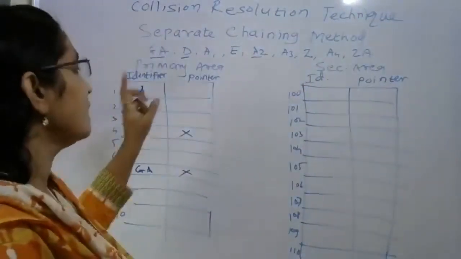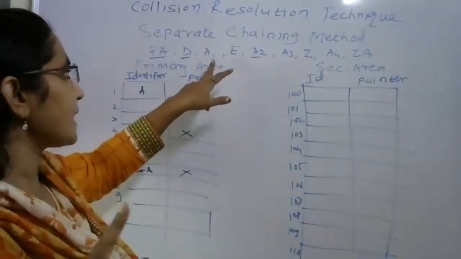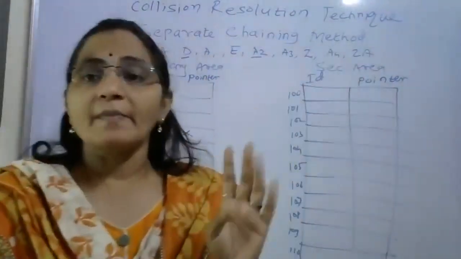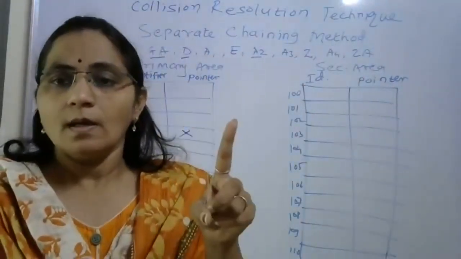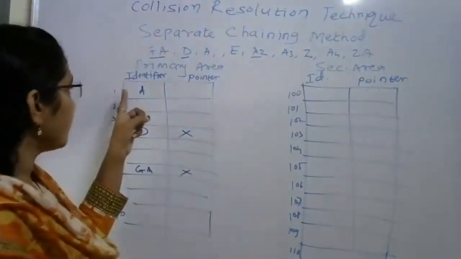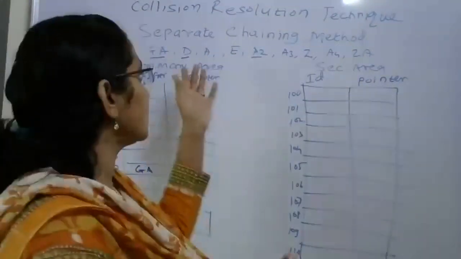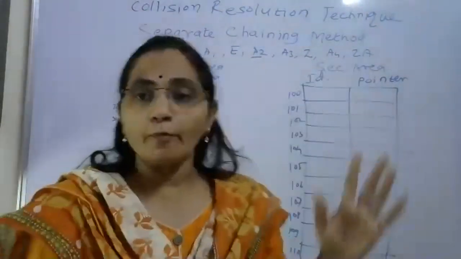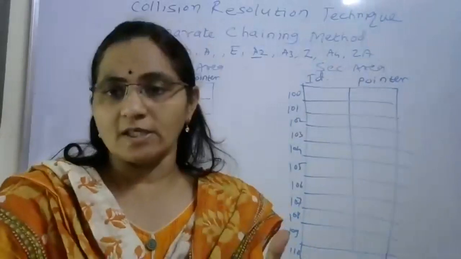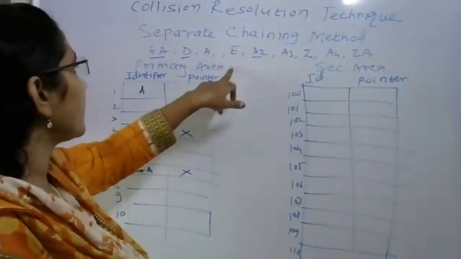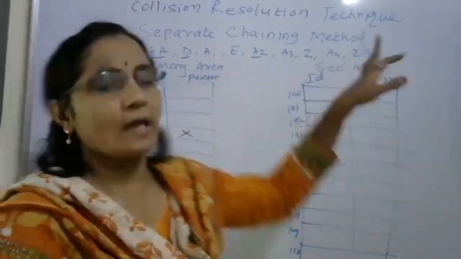See, once again, as in the last similar example, A1, A2, A3 and A4 have the address 1, and the one location is already filled up. There is no space to accommodate the other A1, A2, A3 and A4. This is the collision, and the collided records are A2, A3 and A4.